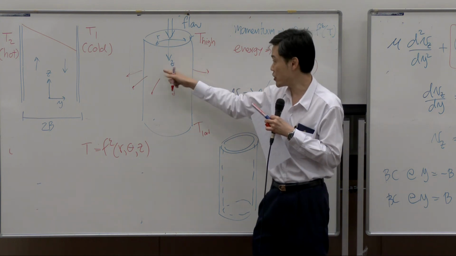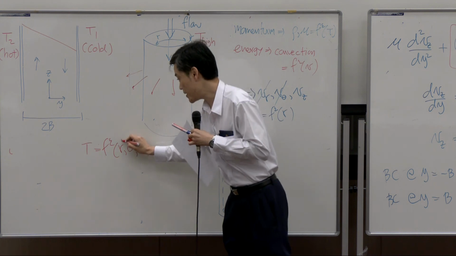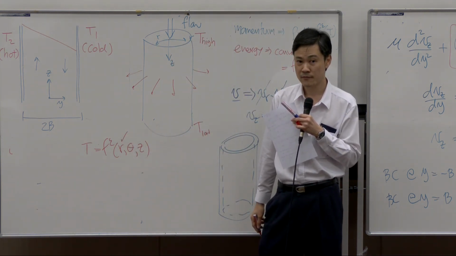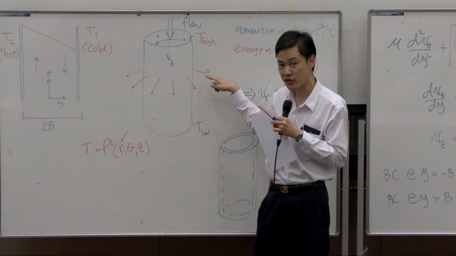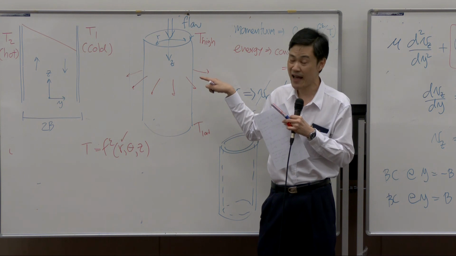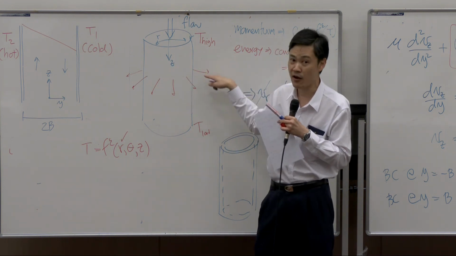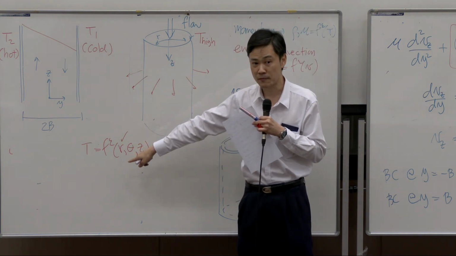So temperature would change in R direction, for sure. Without temperature change in R direction, there will be no heat conduction in R direction. And we realize already that there's conduction in R direction. So we have to allow temperature change in R direction.